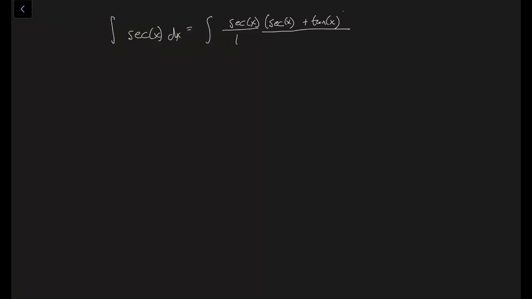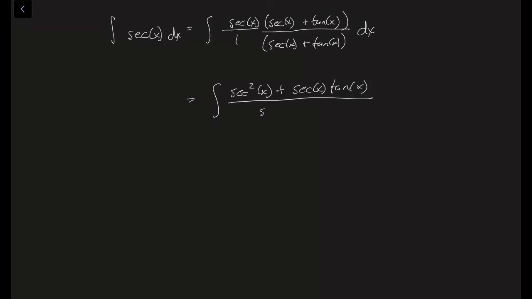And of course what we do to the top, we have to do the bottom. So secant x plus tangent of x dx. And now let's distribute the top here. So we get secant squared x plus secant x tangent x all over secant x plus tangent x.